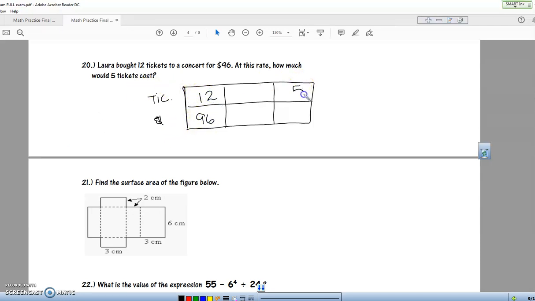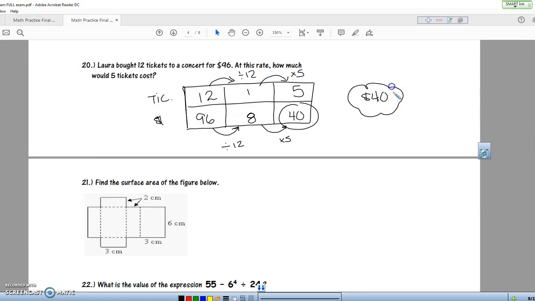How much would 5 tickets cost? So I can divide each of these by a bunch of things, but I'm going to divide by 12. That gives me a 1 and an 8. 8 times 5 gives me 40. So $40 is my answer.